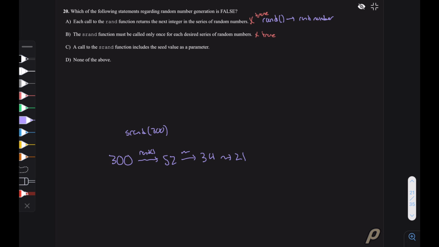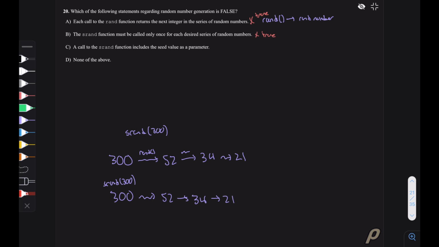But if we generate all these random numbers and then we seed it, we call this srand 300 again, and we call rand, well, this is just going to generate the same sequence of random numbers because we started from the same point. So that's kind of how srand works. So anytime we're trying to generate a series of random numbers, you should only call srand once.